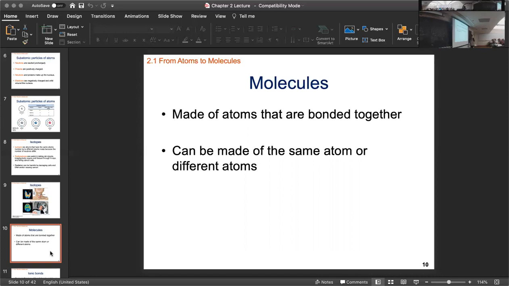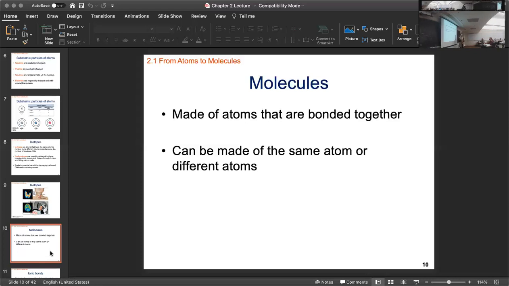Good. Okay, so this is a couple of examples. How it says that it can be made of the same atom. This is the same thing times two, right? That's a molecule. So it's made up of more than one element. Or it can be made up of different elements. Like that one. Or like that one. Okay, so this one's the same. Those are different.